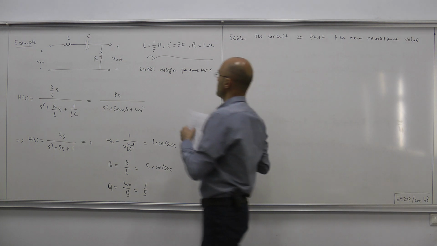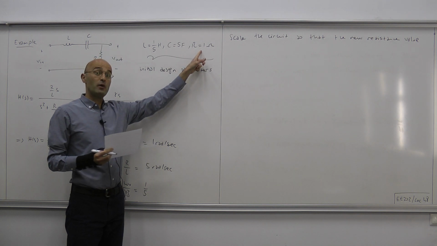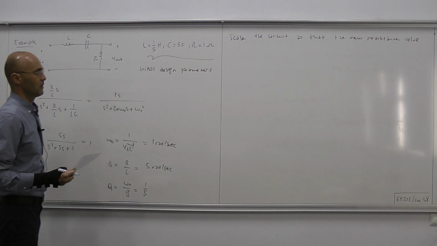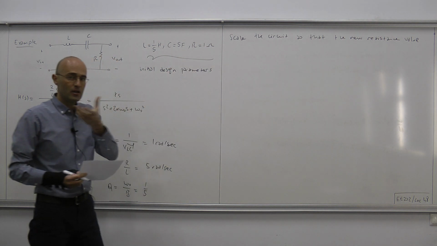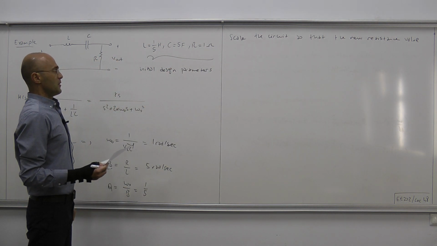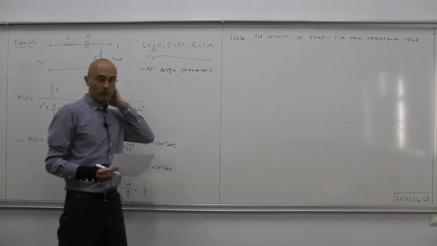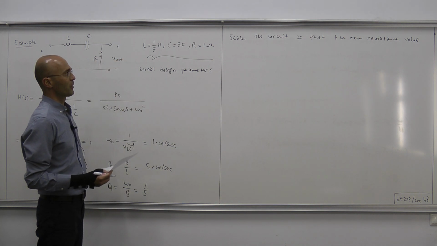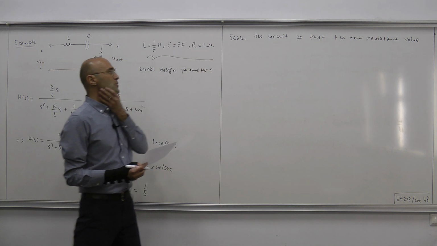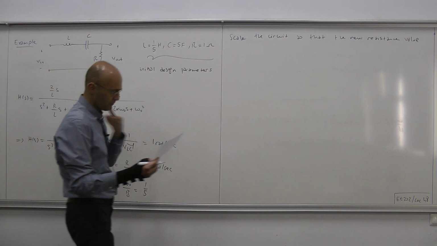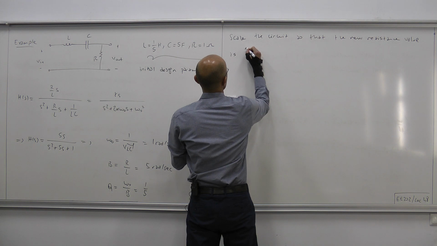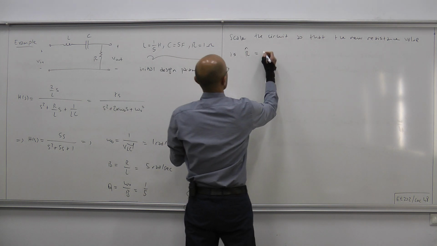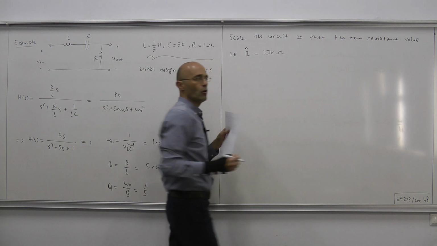Well, initially your resistance value is 1 ohm, so it's not in a practical range. Usually the resistance values are in the kilo ohm range or sometimes even larger. So scale the circuit so that the new resistance value is more realistic, namely it equals 10 kilo ohms.